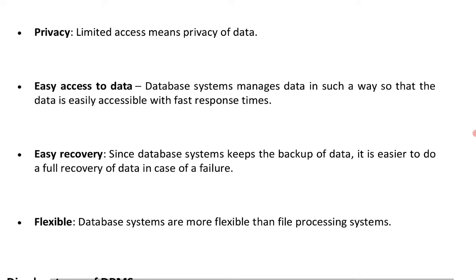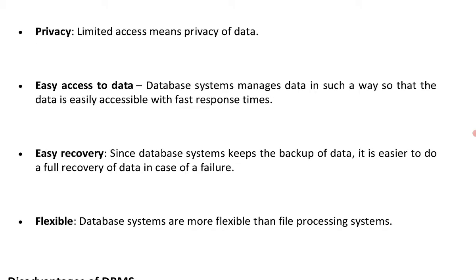Privacy means limited access. We can control access for various levels of users; some portion of data can be viewed by users, and some portion of data can be viewed by managers only. Like that we can protect data or information from unauthorized users.